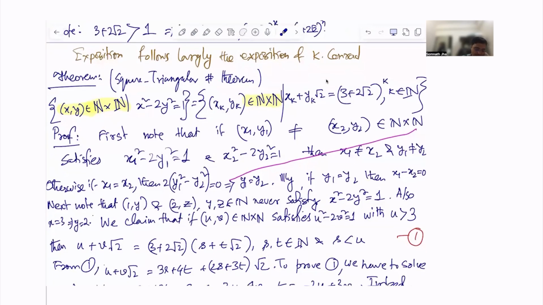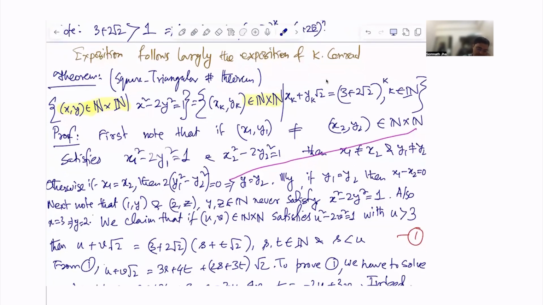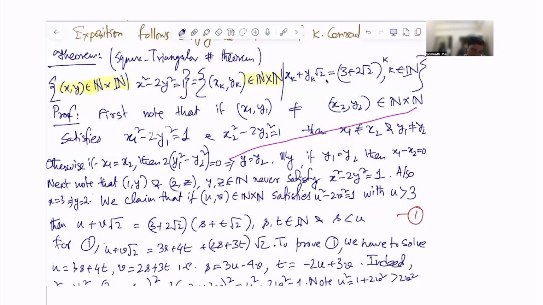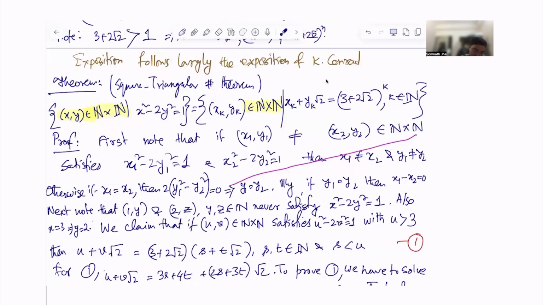This is always solvable. So then what is u plus v root 2? You just expand this, right? So you just expand this. This is 3s plus 4t plus 2s plus 3t into root 2.